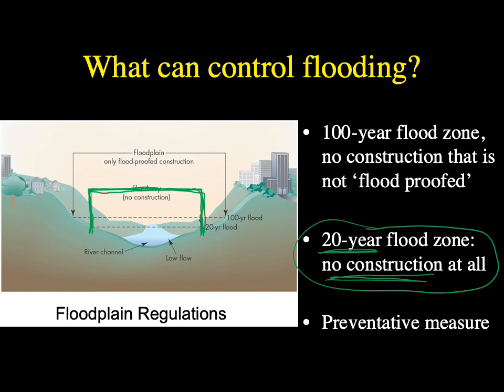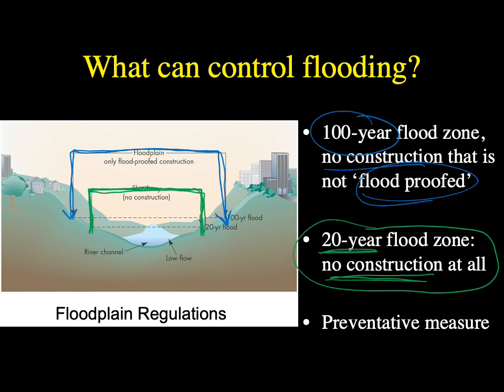Now, the other idea is that in the 100-year flood zone, right, so in the area around the river that should get flooded only maybe once every 100 years, the only construction that can be put in there is construction that has been flood proofed. So things that are built on stilts, or things that have open basements or something like that that can deal with being inundated, even if it's only once every 100 years.